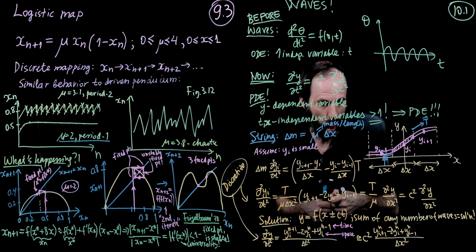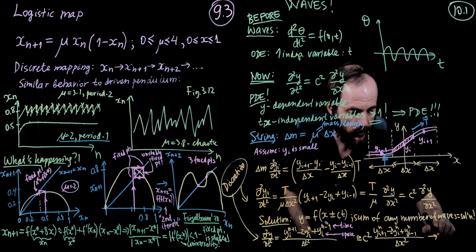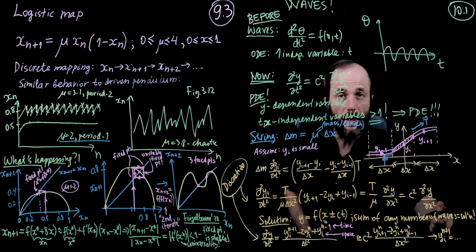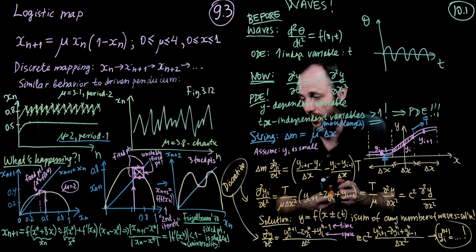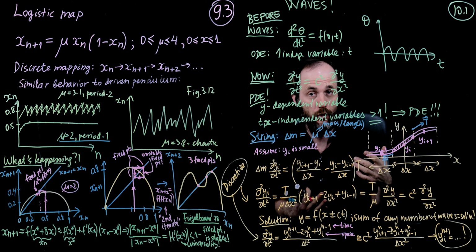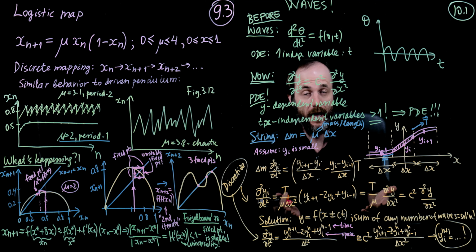That's precisely what we're going to do. On the next slide, we're going to write out the expression for y_i at the n plus first time. And that will give us our numerical scheme that we're going to play around with, both now and in the assignment that you already have.